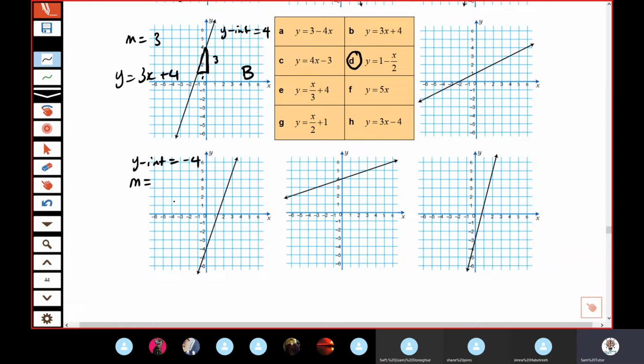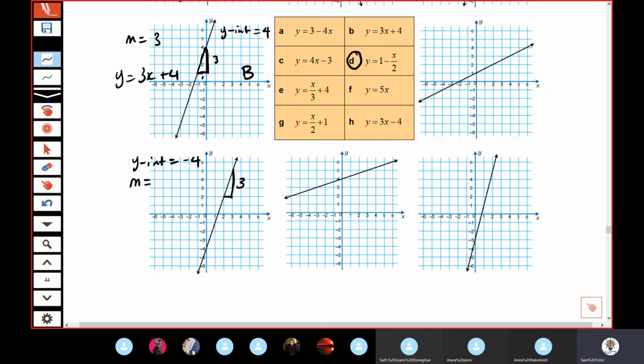So, gradient. Now, we need to find a right angle triangle. Okay, I can see one, I can see another one. There's a few. You've got to pick which one's easiest. I think let's pick this one for now. So there's a dot there, there's a dot there. That's my triangle. All right, what's my rise from 2 to 5? What would you say your rise is? 3.